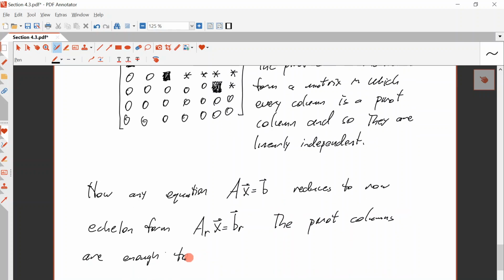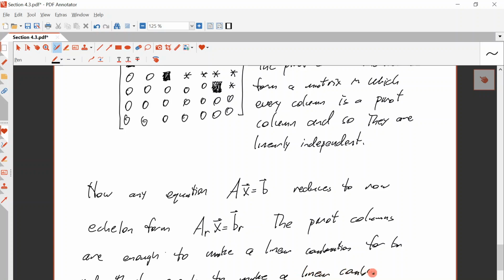The pivot columns are enough to make a linear combination for b_R, and therefore enough to make a linear combination for b. And that's it.